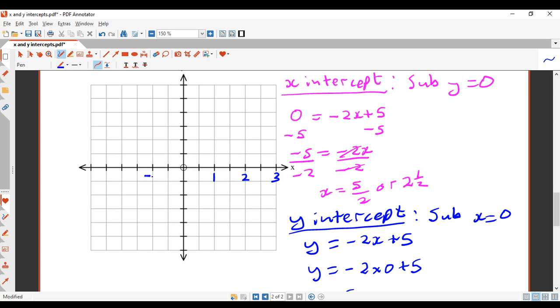So every 2 squares I'm going to put a number. Okay, and that means I'm going up by halves, aren't I? Because 2.5 is just right there. Now the y-intercept was 5, so I'm just going to go up by 1s for that. So every single square will be a distance of 1.